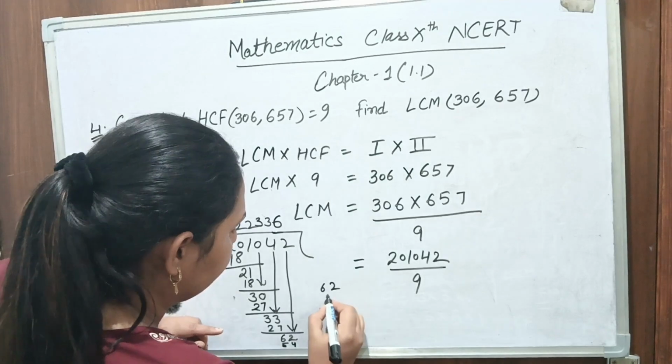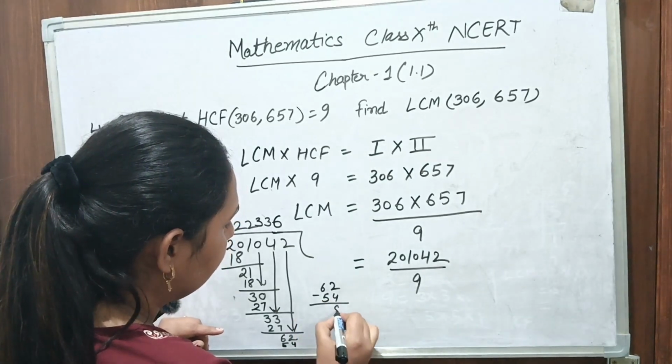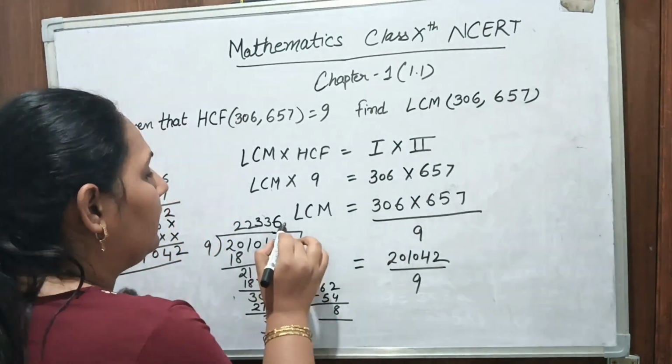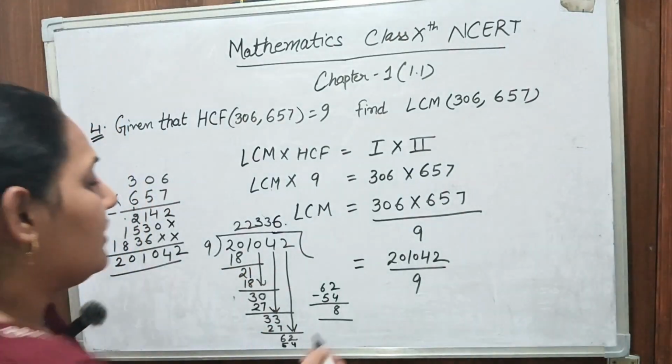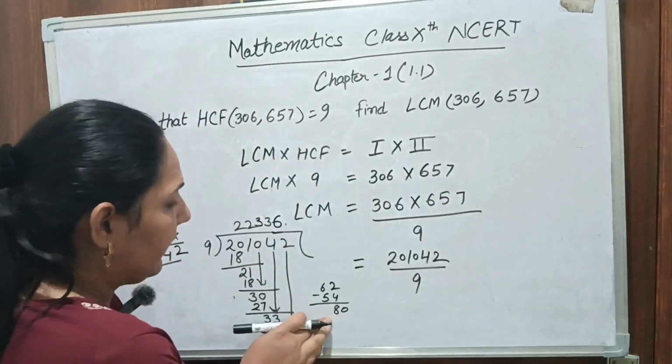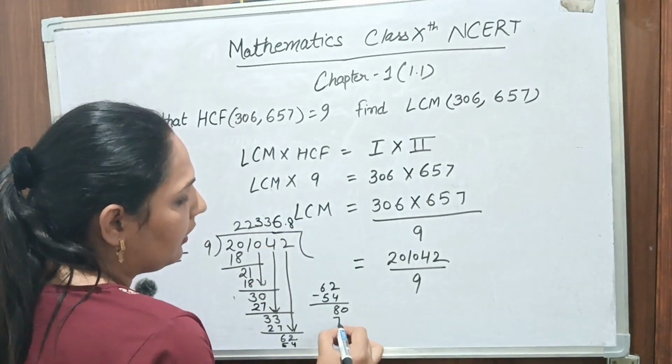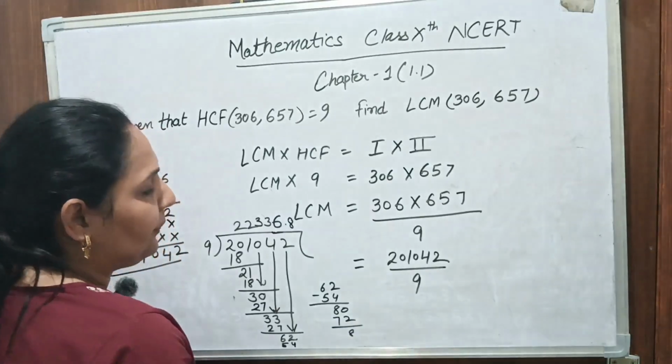When you subtract 62 and 54, that will be 8. After the decimal you will get 0. 9 eights are 72. Then again it will repeat.